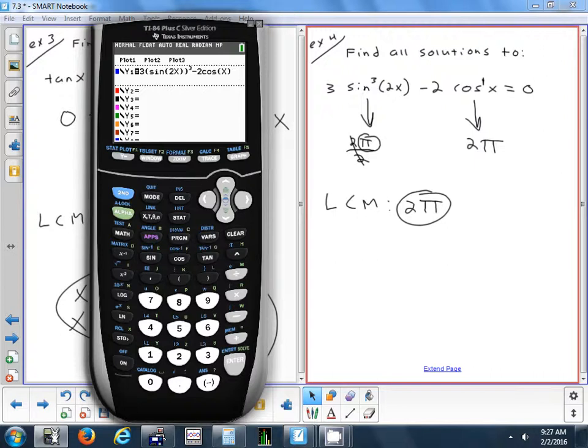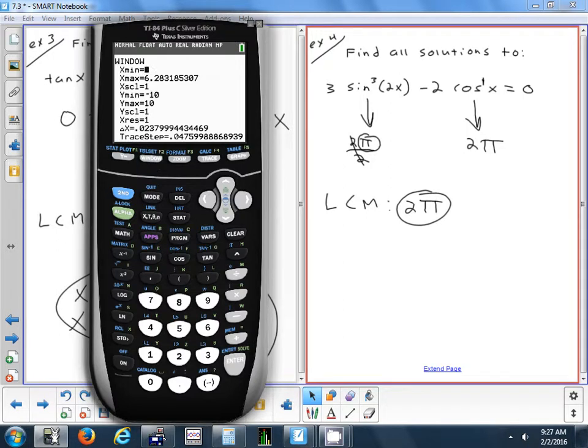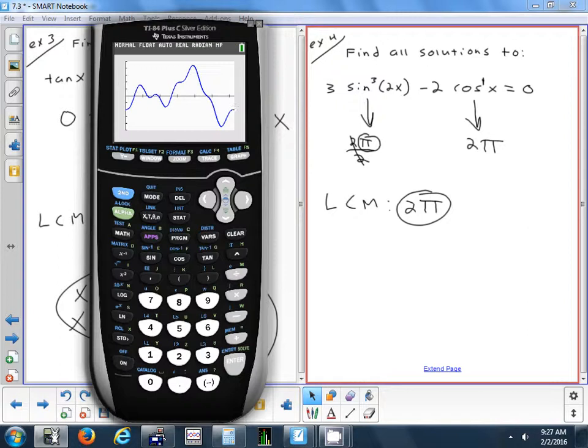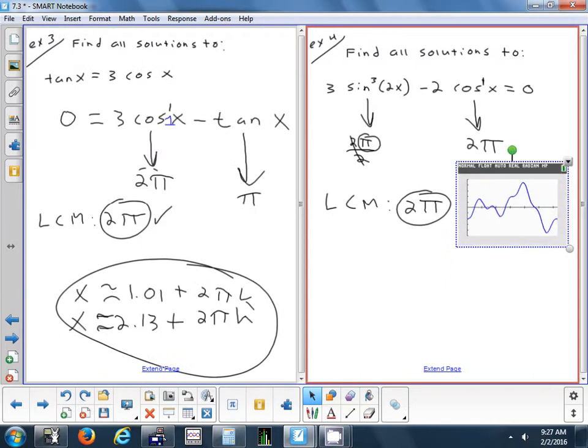This one's going to cross quite a few times. We could leave our window -10 to 10, but let's do -5 to 5, just to zoom in a little bit. So we get 1, 2, 3, 4, 5, 6, and that's it. This one crosses 6 times. There's your graph.